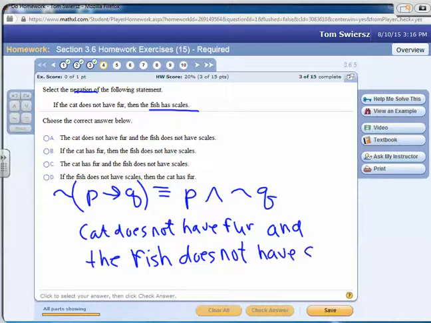We have to negate the fish has scales, meaning it does not. So the cat does not have fur, and the fish does not have scales. There's your P and the negation of Q. To negate an if-then statement, P and not Q. So therefore, choice A is definitely the correct answer.